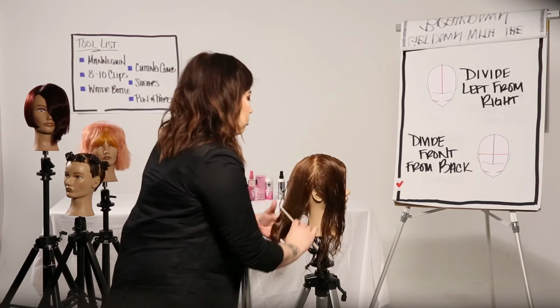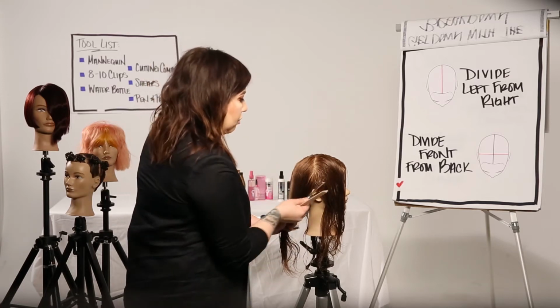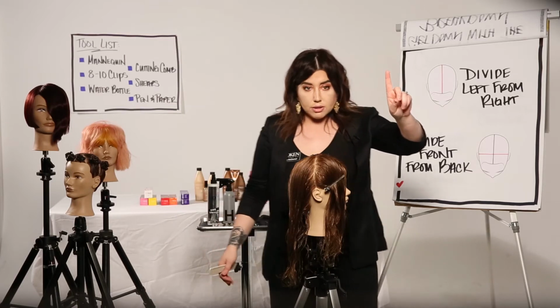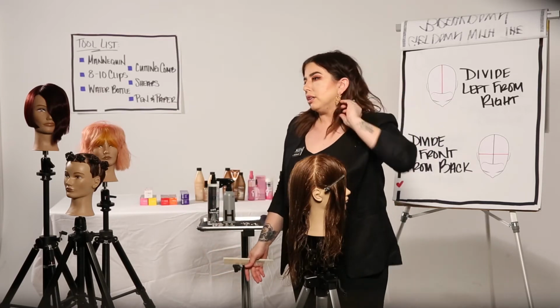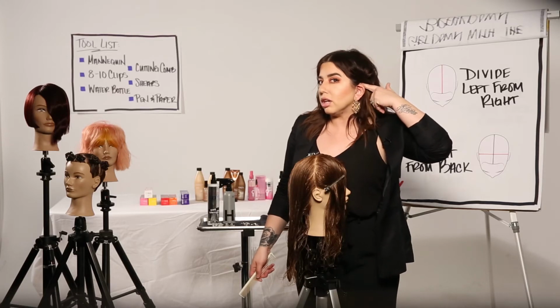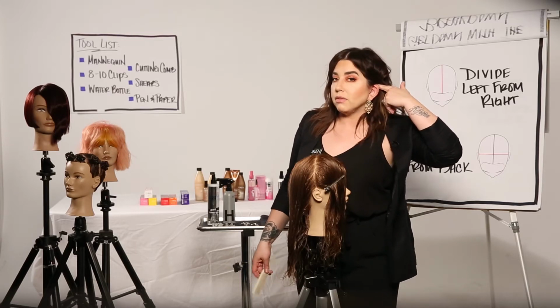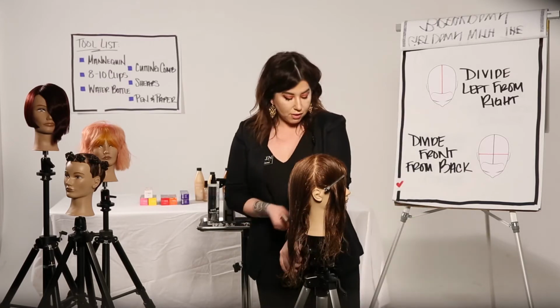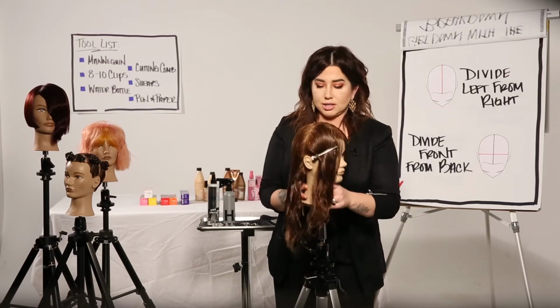So if everybody wouldn't mind just sticking up their left pointer finger and using your own head, we're going to put our finger right where that cartilage meets our head to our ear. That's considered the top of the ear. Are we cool? Beautiful, thank you. Permission to move forward? Great.